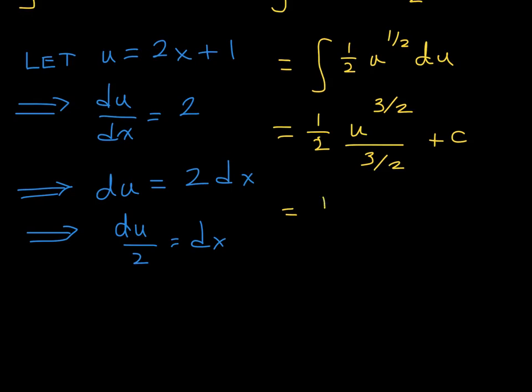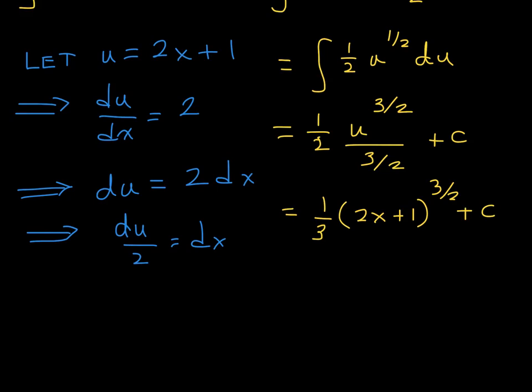So then this is 1/3 times 2x plus 1 raised to the power of 3/2 plus c. Again, we see that the substitution method works really well for these types of integrals.